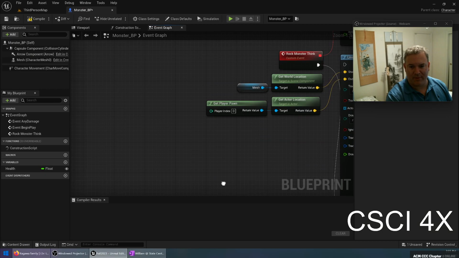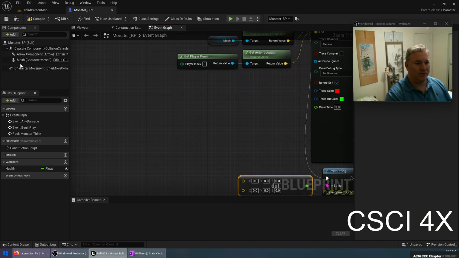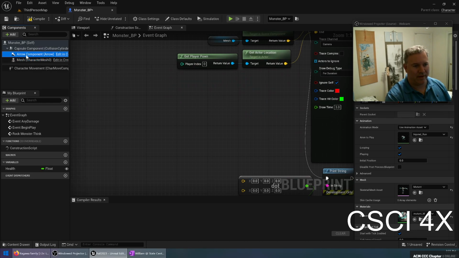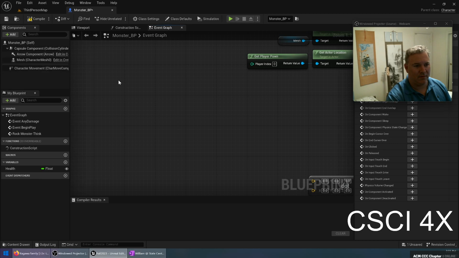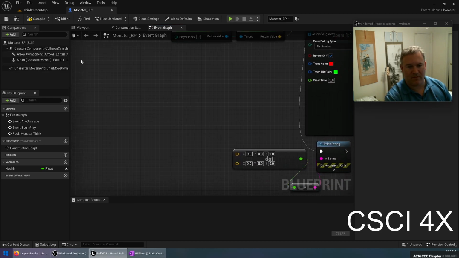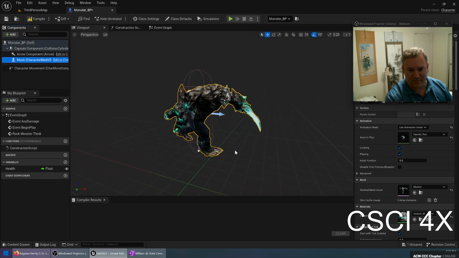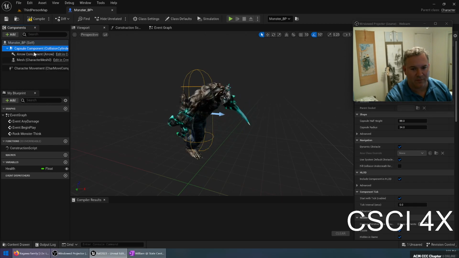And so we can do that by dragging out the arrow, maybe. Let's see, because the mesh itself is pointed in the wrong direction. The arrow component might work, but it's also invisible.